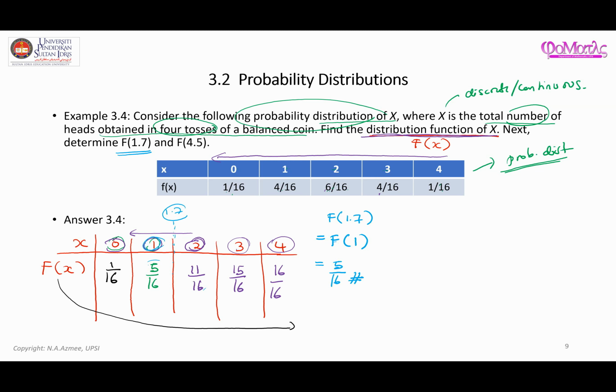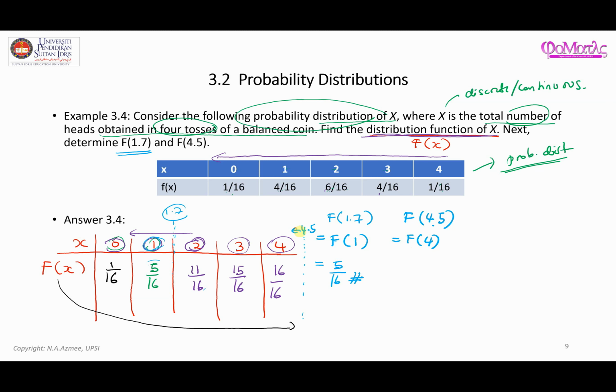Right, next is determine the value of F(4.5). Well, you can see that 4.5 is somewhere here, and therefore this can be obtained if we consider finding F(4).